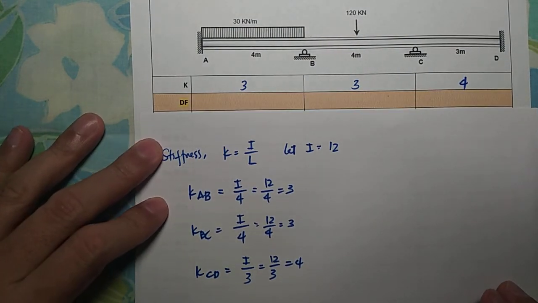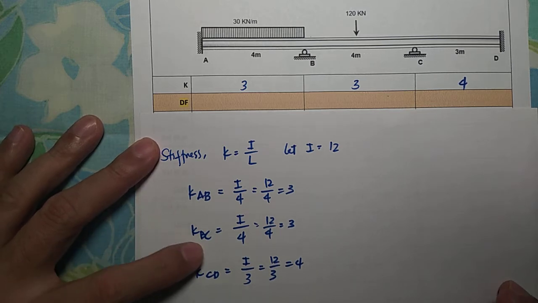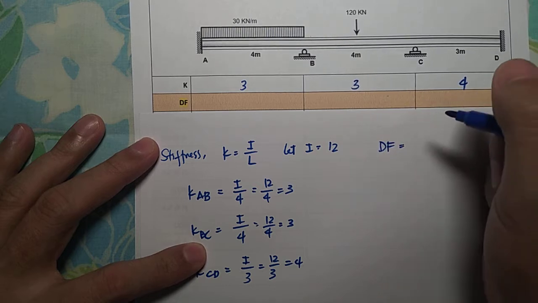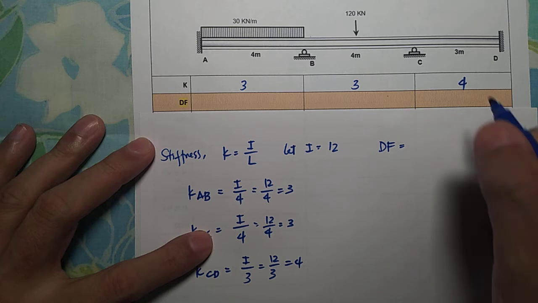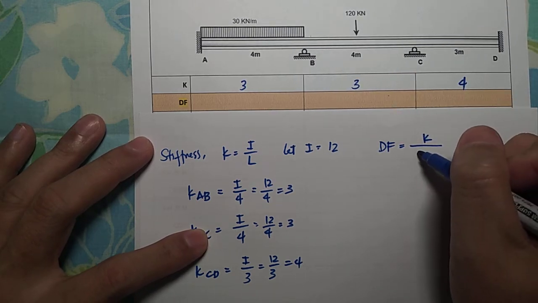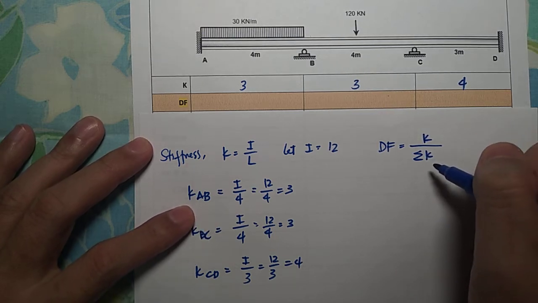The next step is to solve for the DF. DF is the distribution factor. The distribution factor is applicable for every joint. It is the stiffness of the member at a joint divided by the summation of the stiffnesses at that joint.